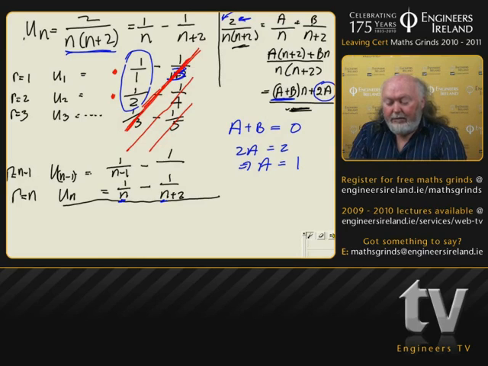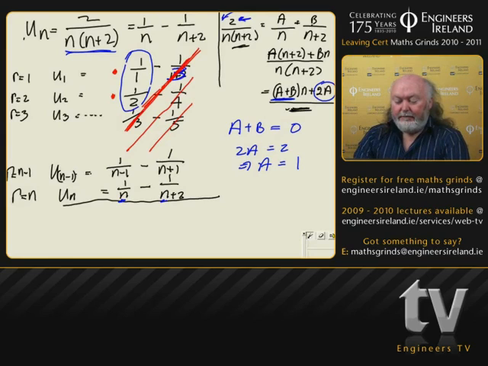Now, n minus 1 plus 2 is what we need to consider here. Now, what do we know? We know that our cancelling is going to follow a very particular pattern.